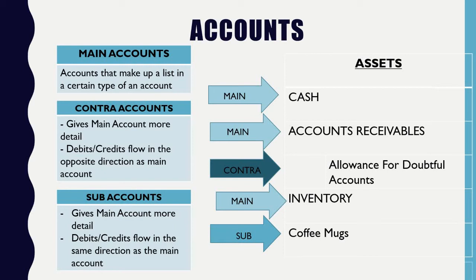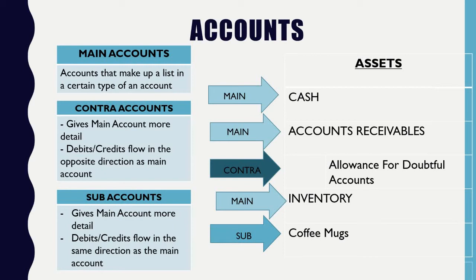Okay, when we recognize a transaction, we can recognize that it's an asset or a liability. We need to further explain or further divide the assets into even more specific details. So this is where we come into creating actual main accounts, and then we have two other ones called sub accounts and contra accounts.